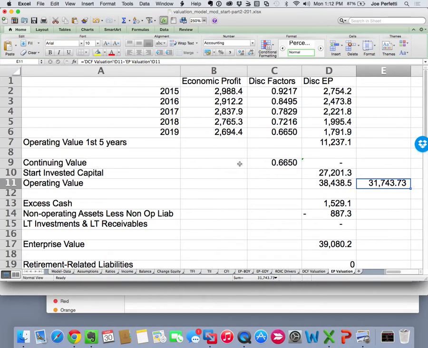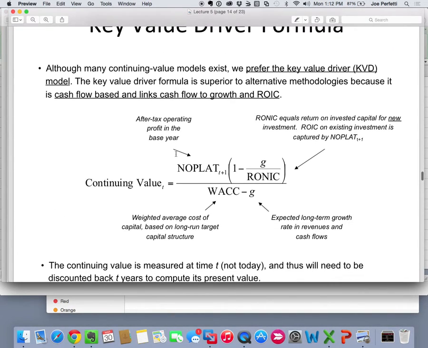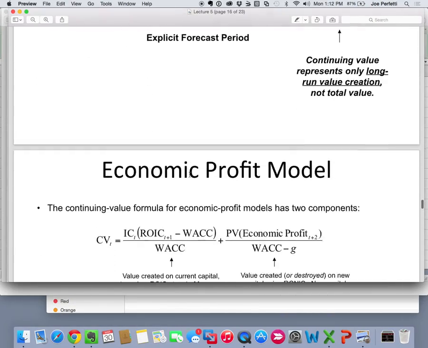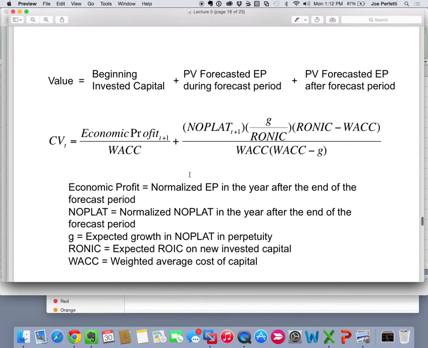I want to take my continuing value, and I want to use the continuing value for economic profit. Now, again, in the book, most recent lecture note, this was the formula for free cash flow continuing value. When McKinsey rearranged it, this was the formula for economic profit continuing value.